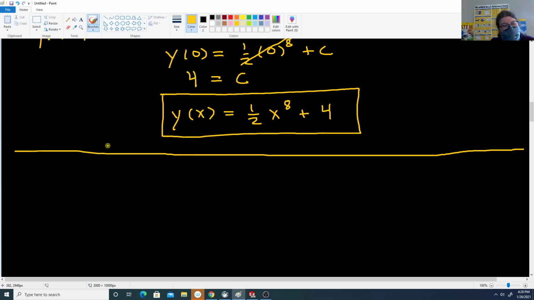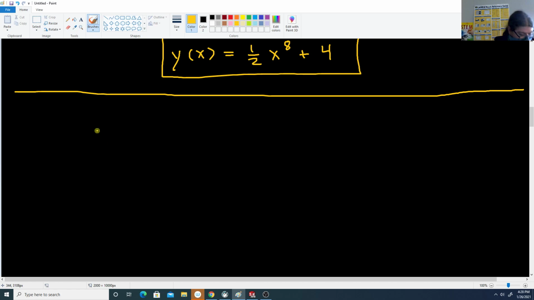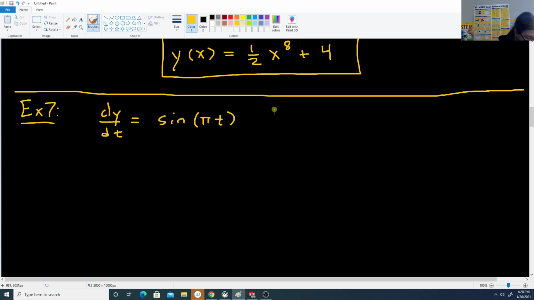So we're going to do one more of these, and then that'll wrap up the section. So this is example 7. We basically got dy dt is sine of pi t, and we want y of 2 to equal 2.